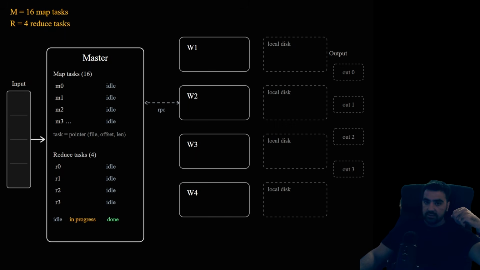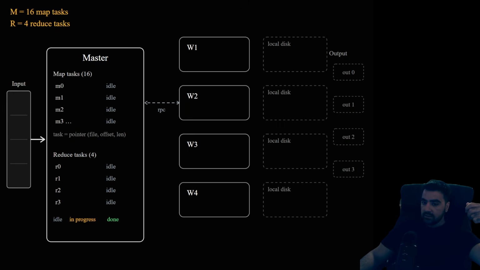Since we specified M as 16, we have to create 16 map tasks, but we only have 4 input files. So one way would be to split each of these 4 input files into 4 pieces. That gives us 4 times 4, 16, and each piece is going to run in a separate map task.